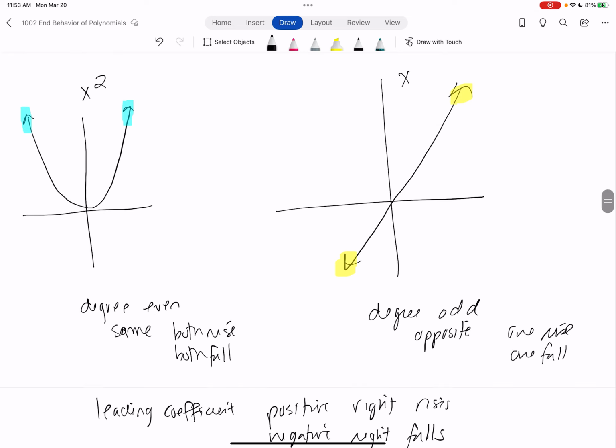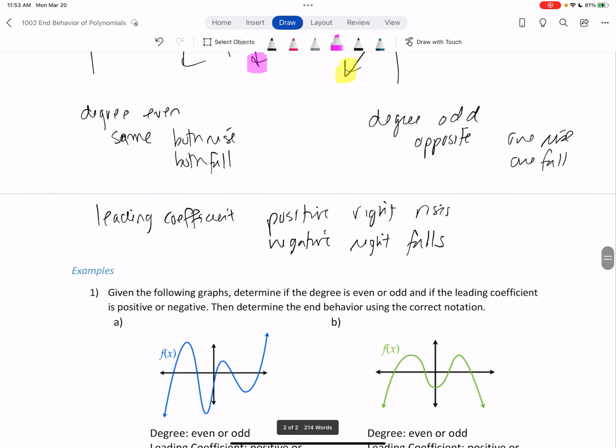Because when you think about x squared, remember if we wrote negative x squared, the graph would be turned upside down like this, and both ends would be falling, and that has a negative coefficient in the front. So the degree tells you whether the two ends behave the same or opposite, and the leading coefficient, if it's positive, it's going to rise. If it's negative, it's going to fall.